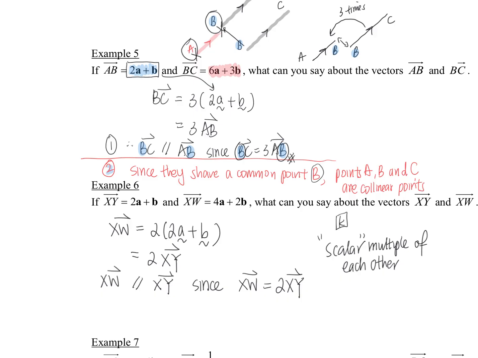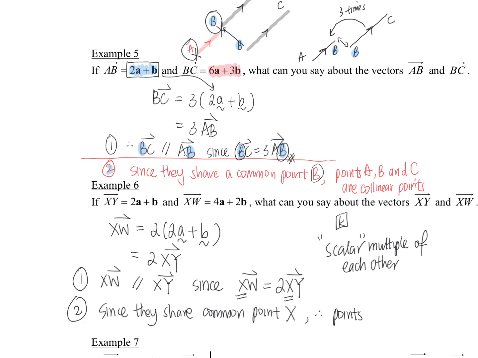Okay, so one other conclusion I can make is that since they share the common point X, therefore, points W, X, and Y are collinear points. But if they don't share, then they are just parallel.